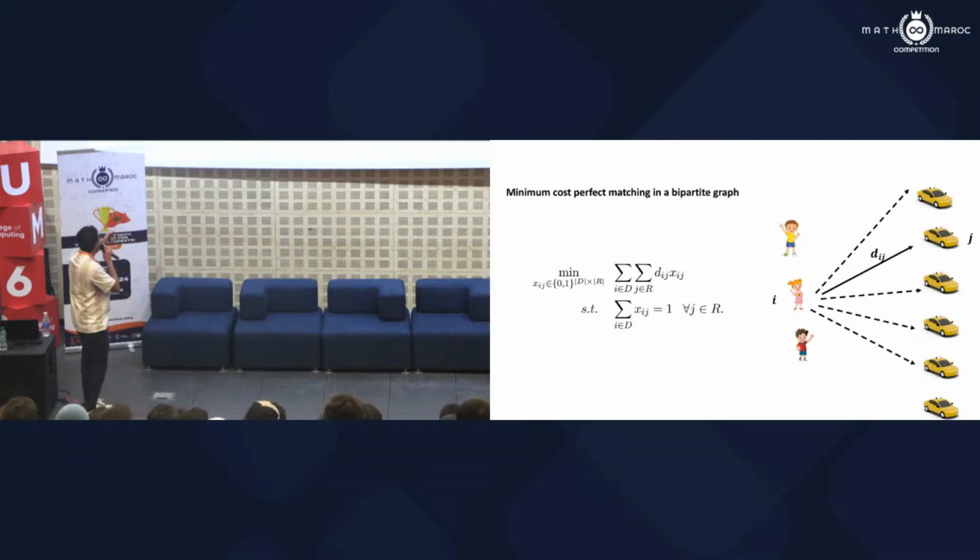Here the decision variables are xij. Xij are binary decision variables, which means they take value 0 or 1. Xij is equal to 1 if we assign rider i to driver j, and 0 otherwise, okay?